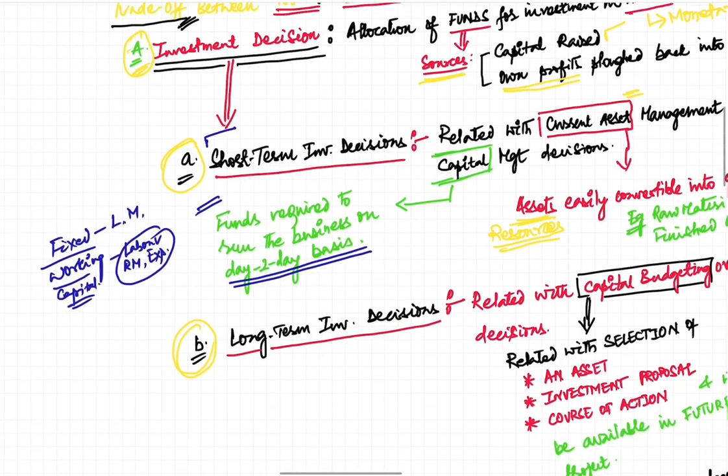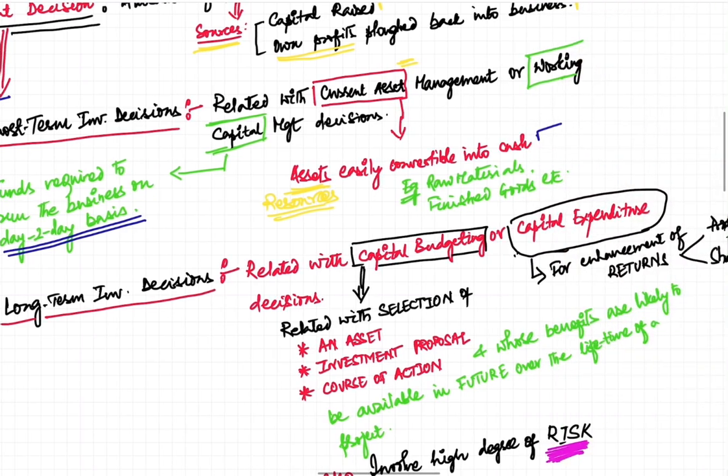Now, what are long-term investment decisions? They are related with capital budgeting or capital expenditure. Now, what is capital budgeting? Capital budgeting is related with selection of an asset, investment proposal, and its course of action.